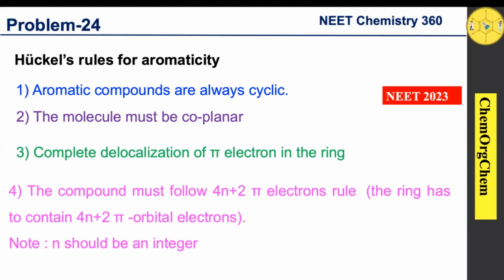The fourth rule is the 4n plus 2 pi electrons rule. The cyclic conjugated system must contain 4n plus 2 pi electrons, where n is a non-negative integer such as 0, 1 or 2, etc. Let's analyze each of the given compounds step by step using Huckel's rule.